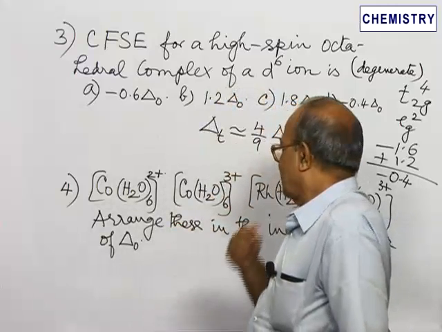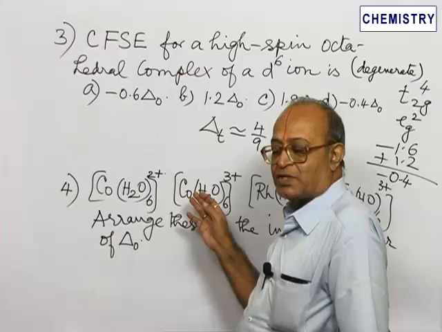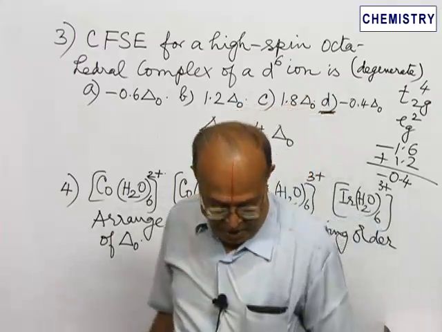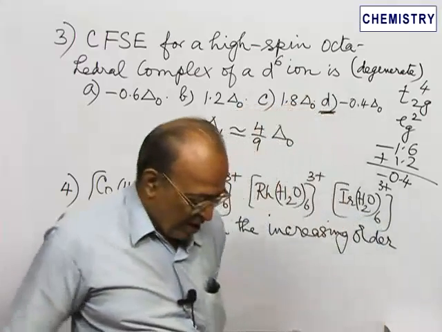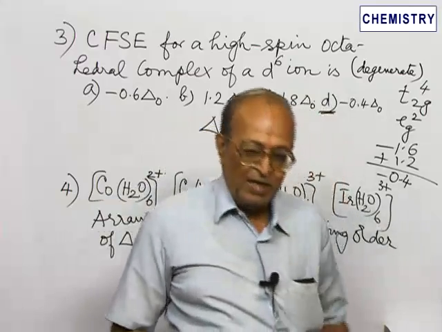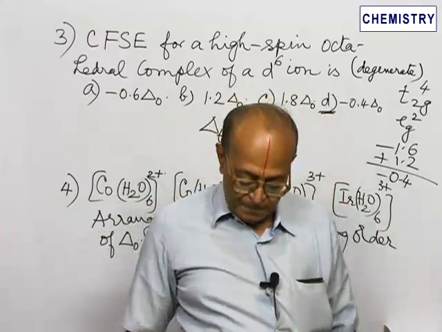Now here 2 cobalt complexes and 1 rhodium and another iridium.